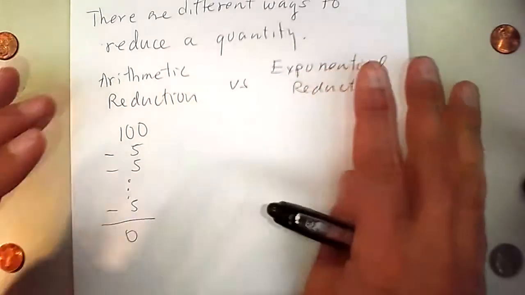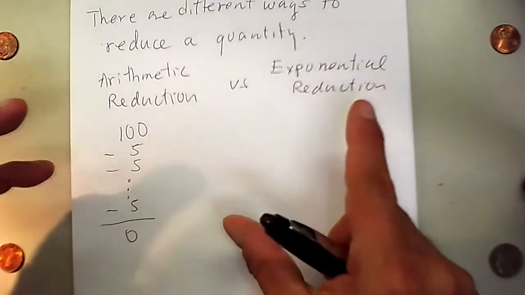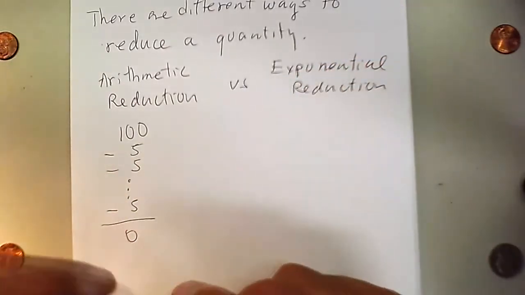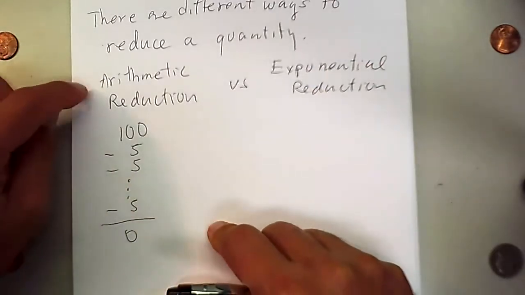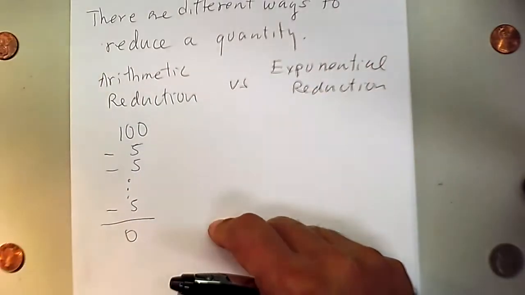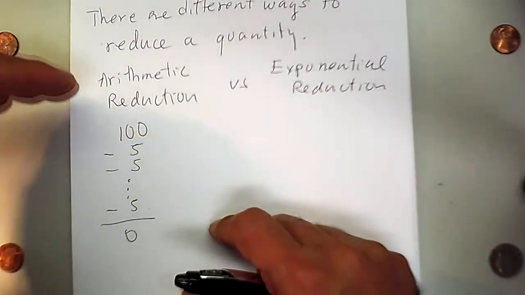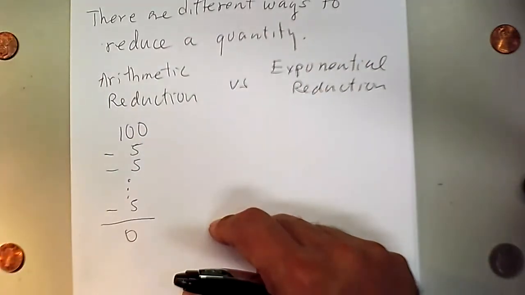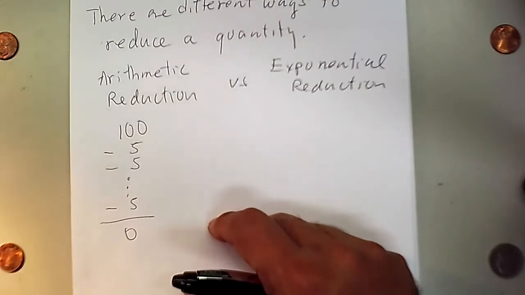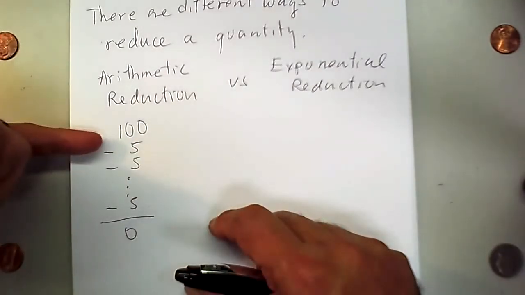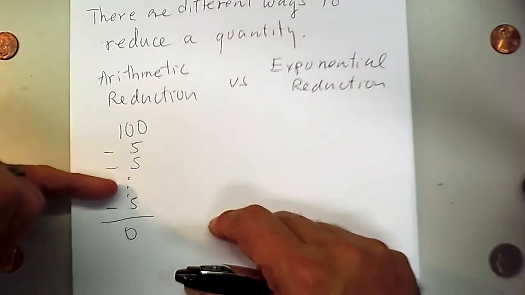Many, many, many things in nature, in biology, in chemistry do not work this way. This is the way oftentimes we think of reduction, arithmetic reduction. Make a payment, for instance. When we buy a house, we make monthly payments, and we pay the same amount each month.